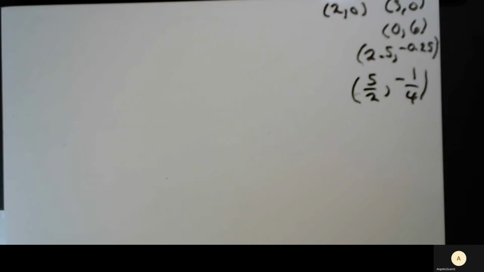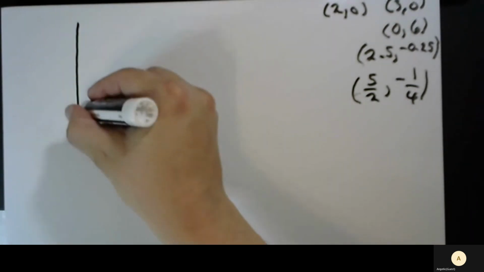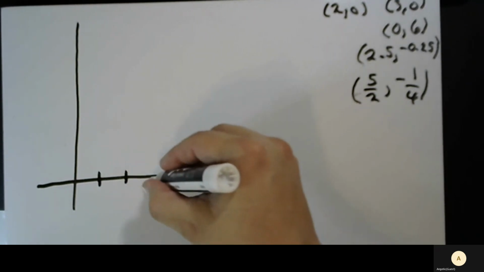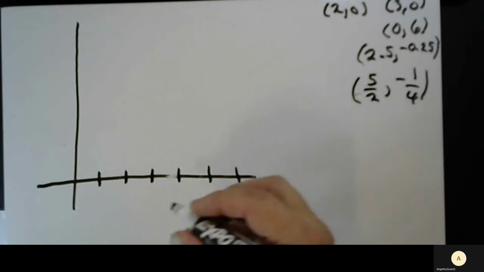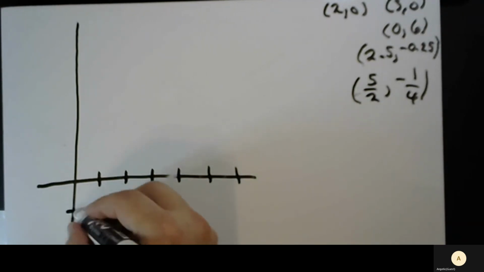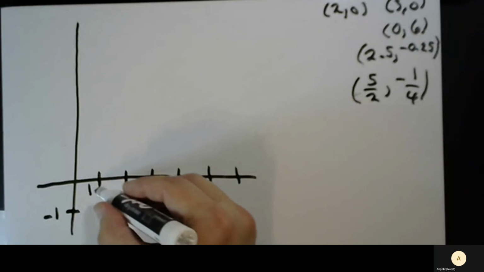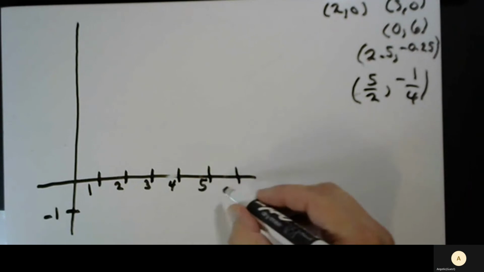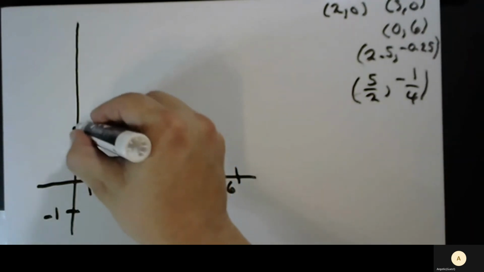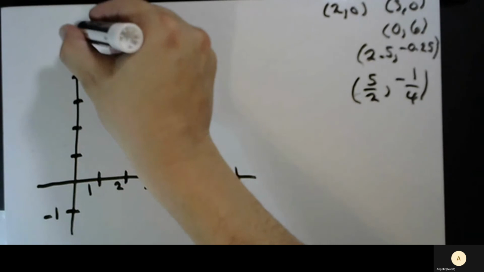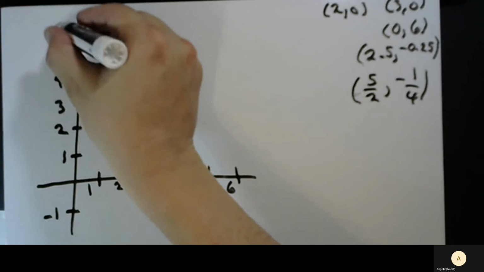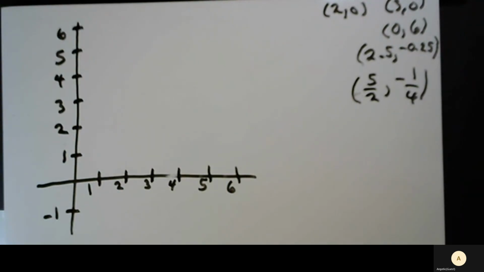So if we graph this thing, well, let's start off with the x-intercepts.